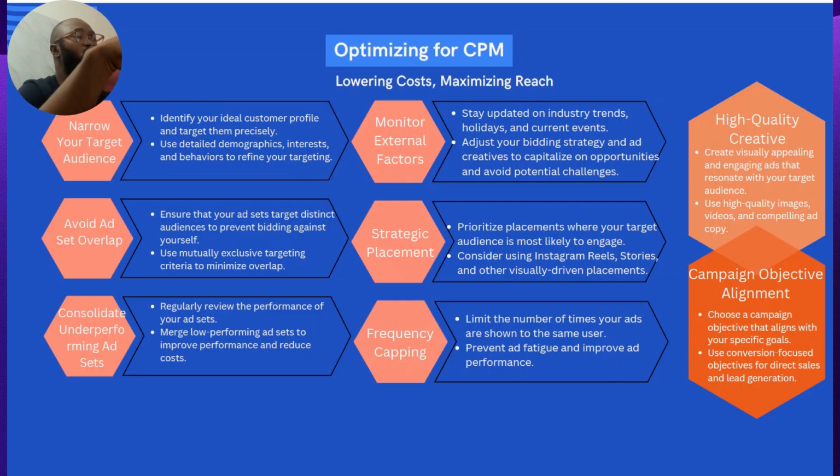And the next thing you want to do is to avoid ad set overlap. You need to ensure that your ad sets target distinct audiences to prevent bidding against yourself. What this means is that for every advertising campaign, there are 3 layers in the structure. The first one is the campaign level, and the second one is the ad set level, and the third one is the ad level.